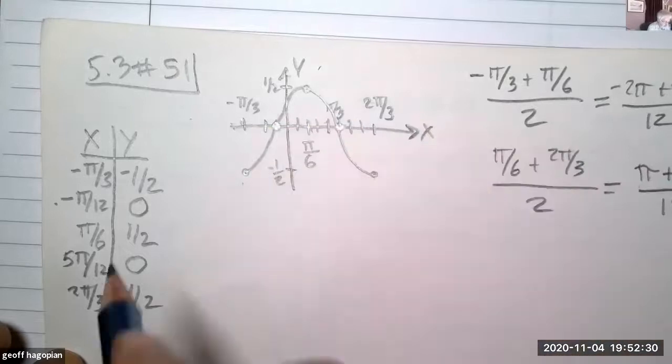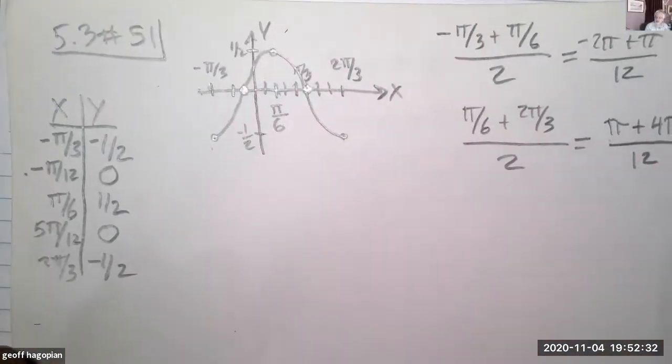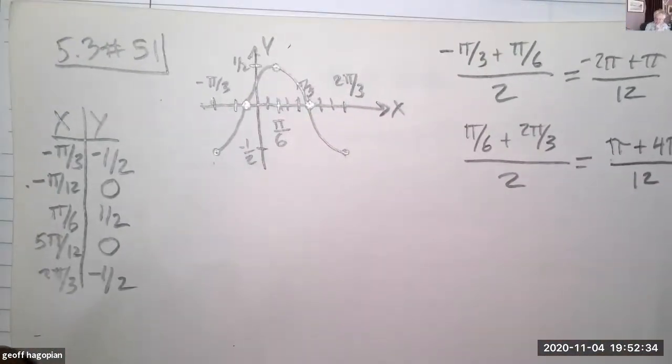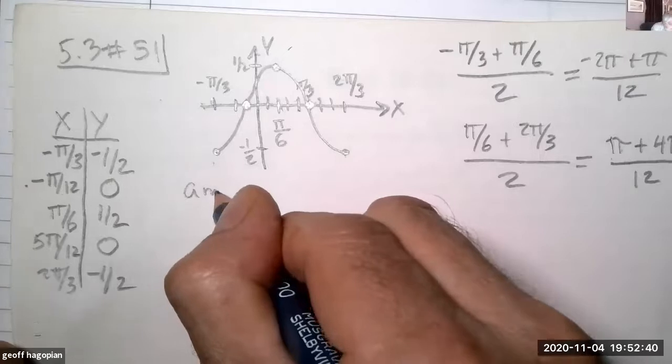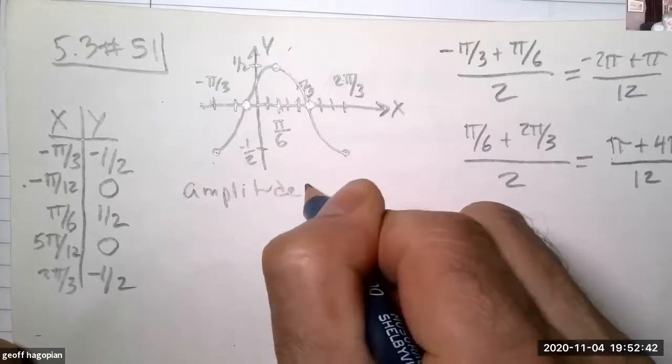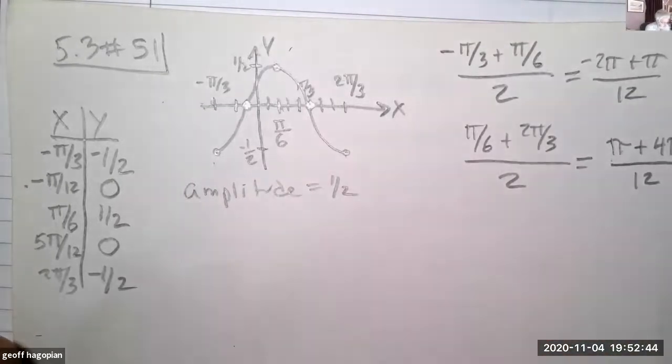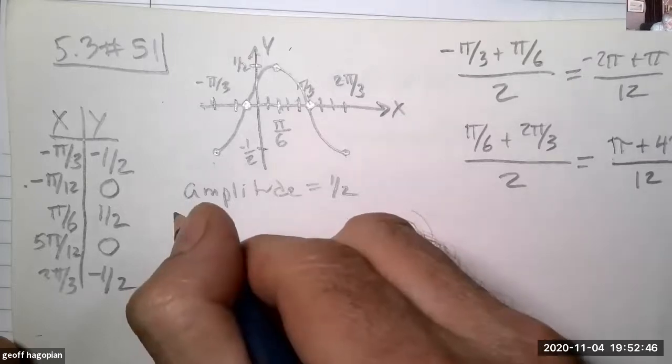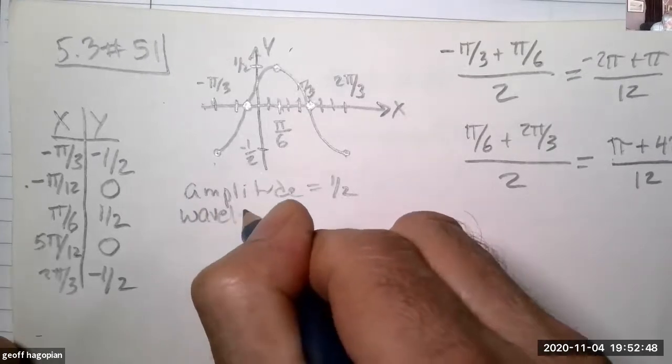Passing through these equilibria. I don't have the formula yet, right? I've just got these points. So what's the amplitude? That's 1/2, right? What's the wavelength or the period?